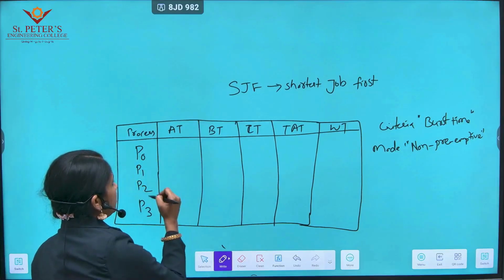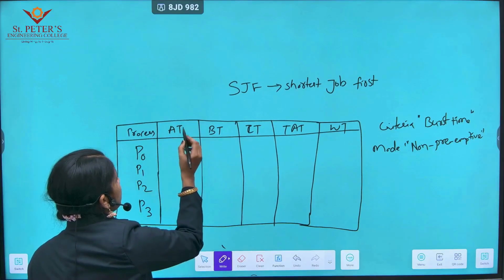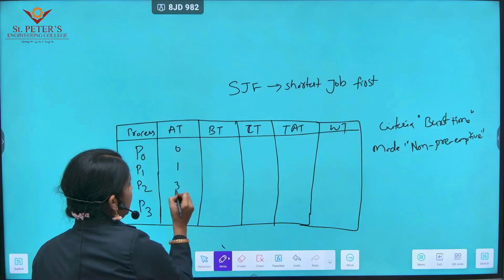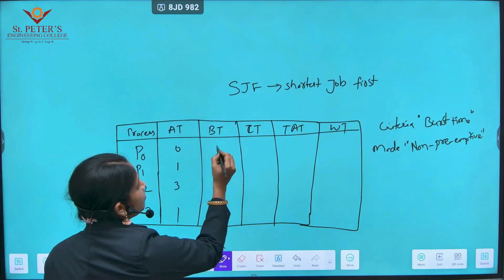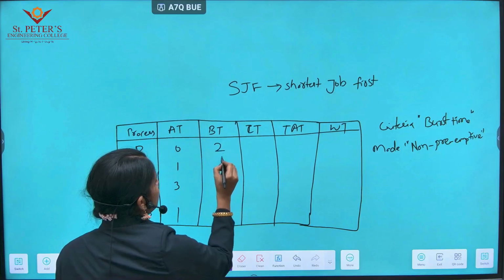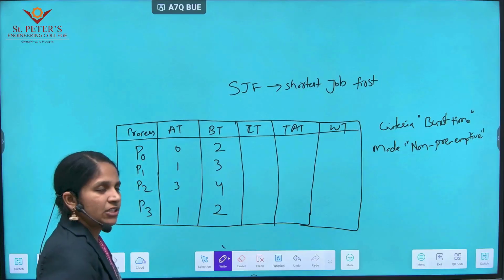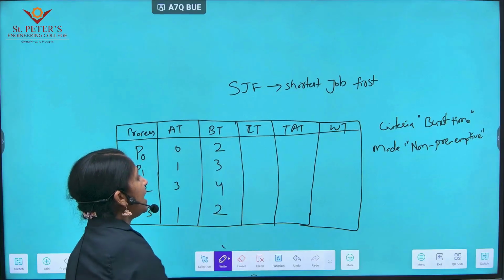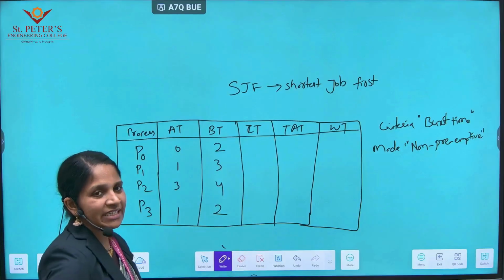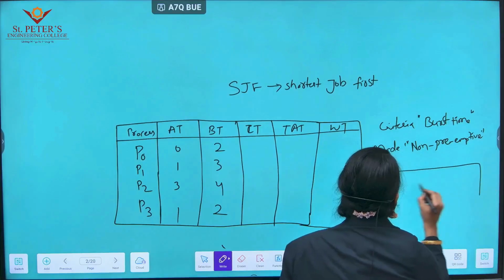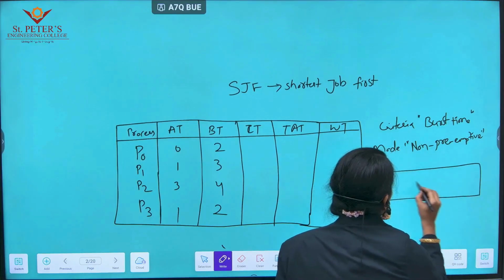These 4 processes are executing. For arrival time we take randomly 0, 1, 3, and 1 again. Burst time is 2, 3, 4 and 2. Burst time means we already know how much time it will take to complete that process. Same here, I am taking a Gantt chart to solve the problem easily.